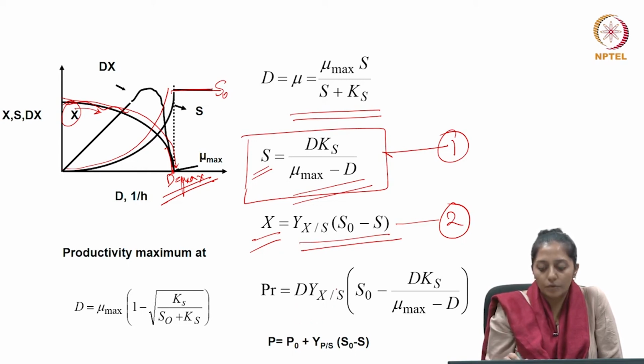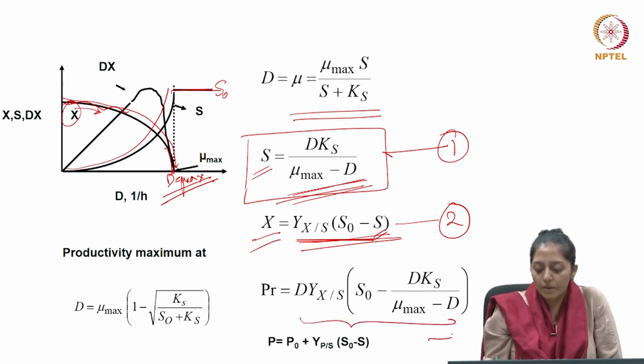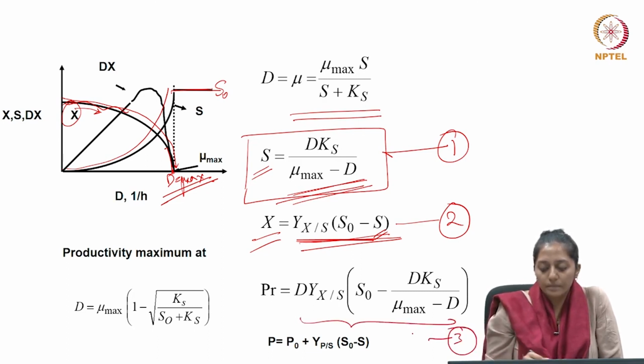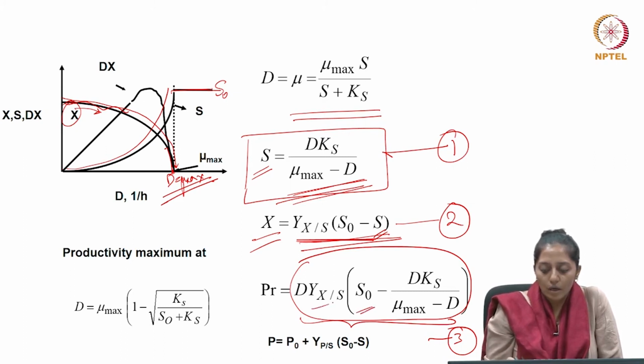So, if we substitute for X in terms of D, we first substitute X in terms of S, and then S is further substituted in terms of D. Then you end up with equation 3. Now, if you see in equation 3, it is only a function of D; the rest are all known or constants.